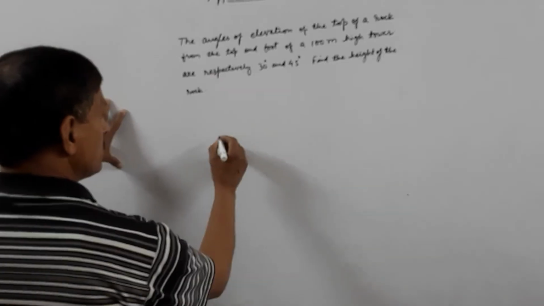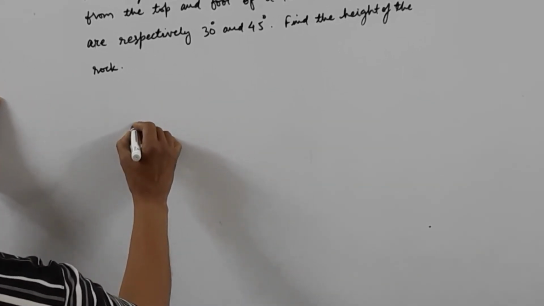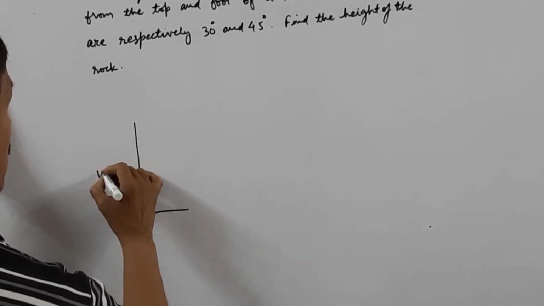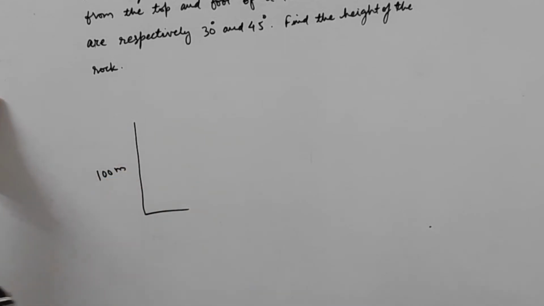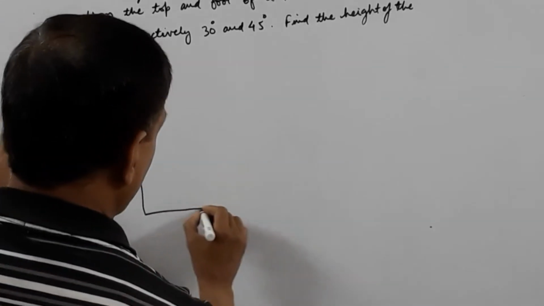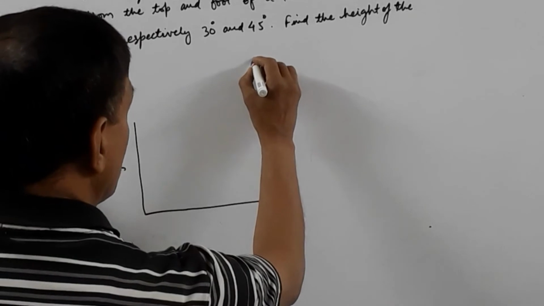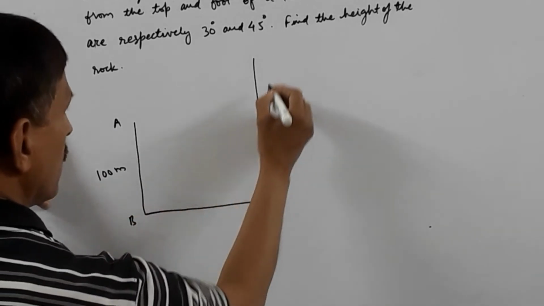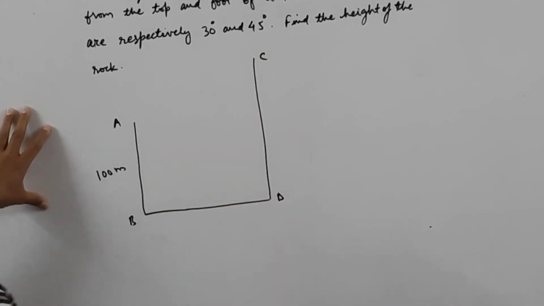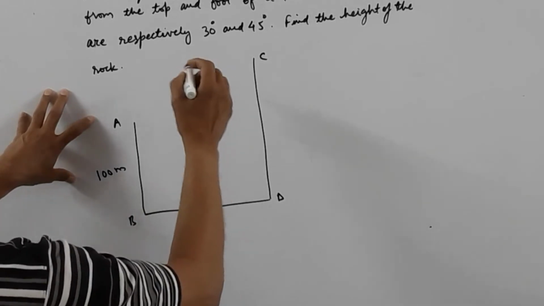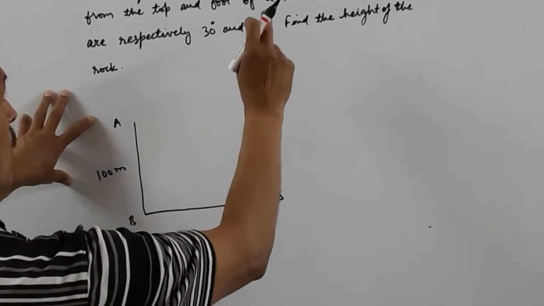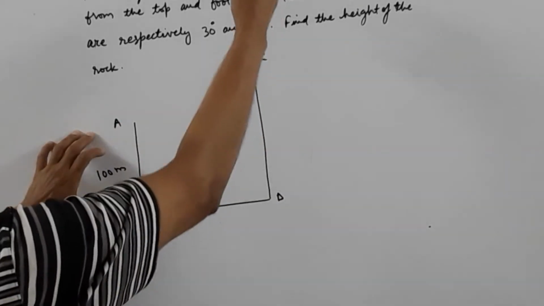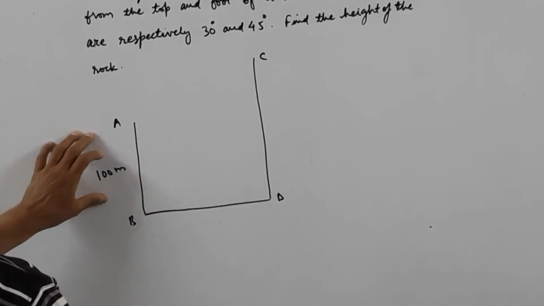Now we consider a vertical tower of height 100 meter and a rock CD. Because elevation of the top of the rock from the top of the tower is given, that's why the rock is higher than the tower.